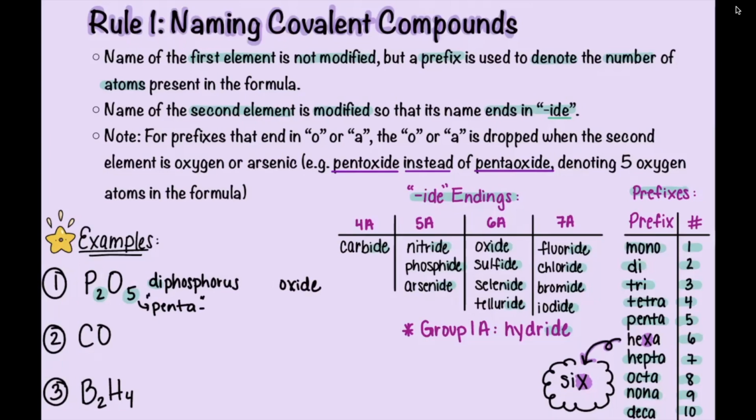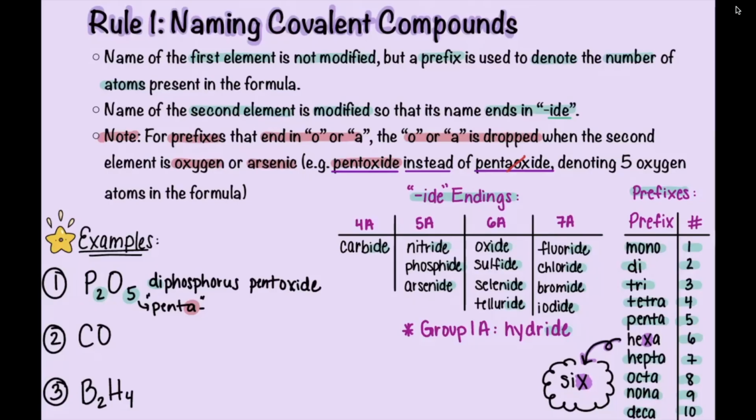You see, if your prefix ends in an A or an O, like in this example for penta, and the second element starts with an O or an A, in other words, it's oxygen or arsenic, you have to drop the last vowel of your prefix. So instead of it being pentaoxide, it'll just be pentoxide. So the full name we have is diphosphorus pentoxide.